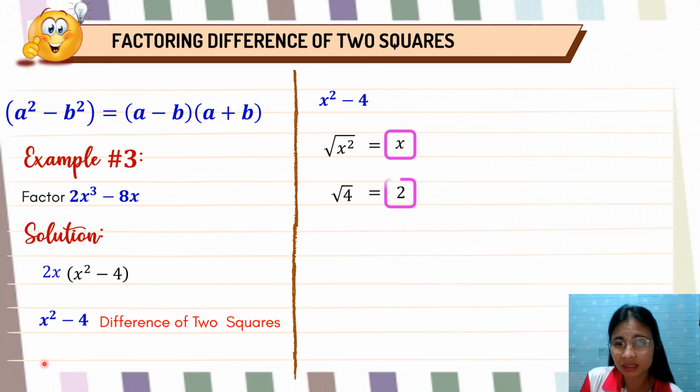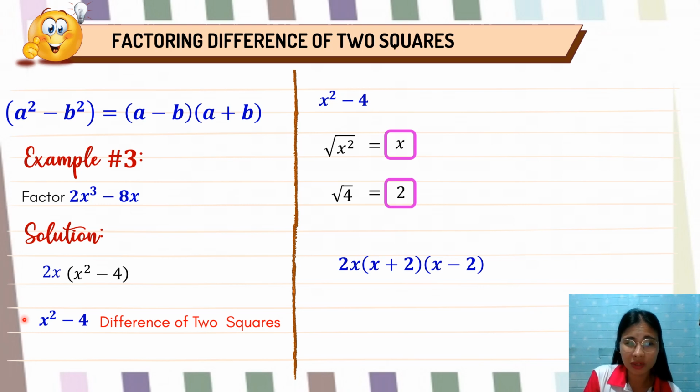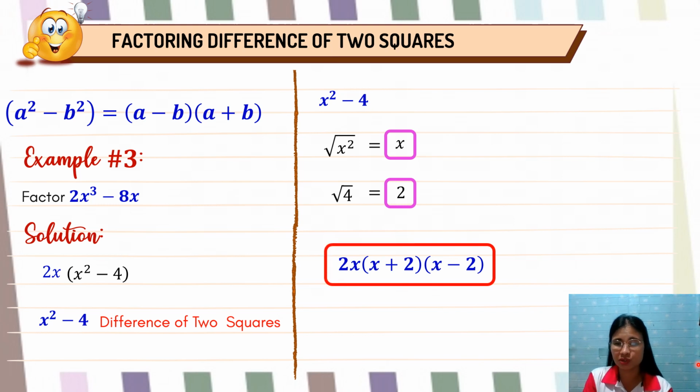From those terms, we can create the factors of x squared minus 4. So the complete factorization of 2x cubed minus 8x is 2x, the monomial that was factored out first, and then the factors of x squared minus 4, which are the quantity x plus 2 times the quantity x minus 2.